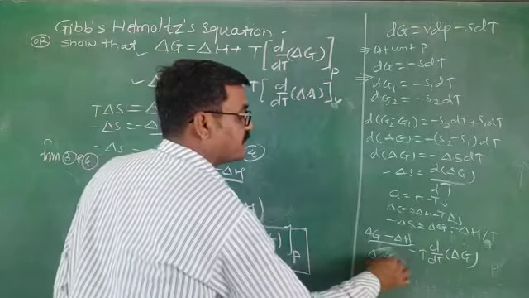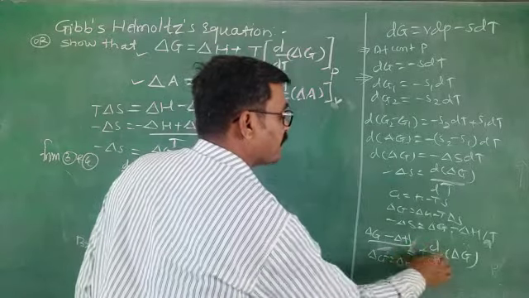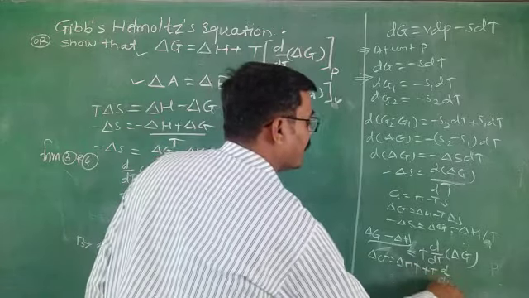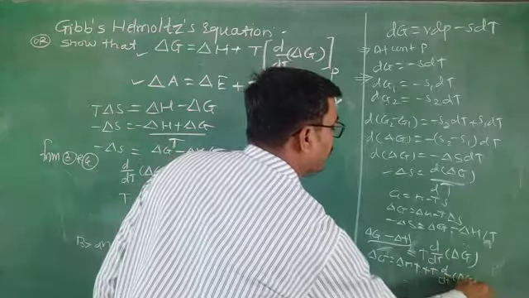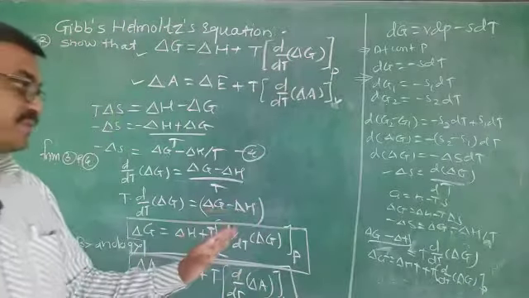That's why delta G equals delta H plus T into d/dT of delta G at constant pressure. This is the Gibbs-Helmholtz equation.